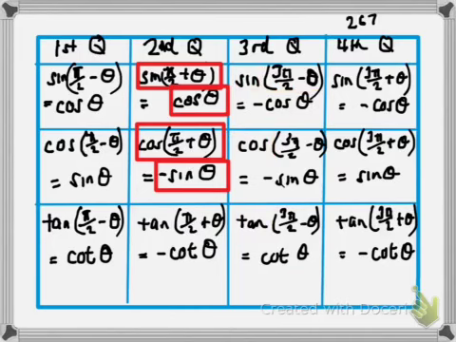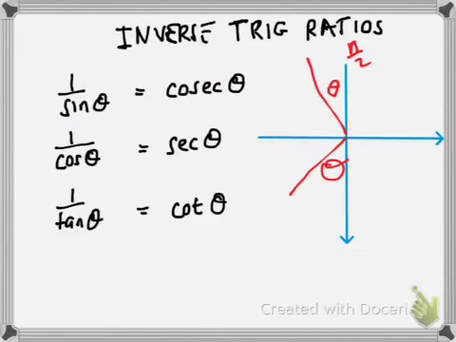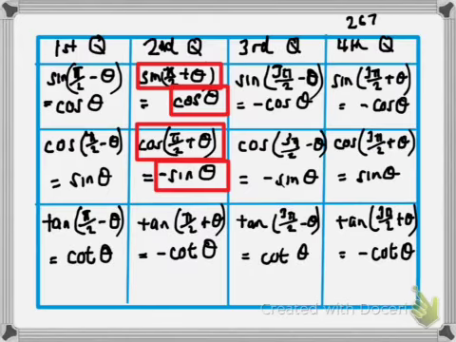Fourth quadrant, so this is 270 plus theta. If we go back to this situation here, 270 plus theta is going to put us in the fourth quadrant. In the fourth quadrant, sine is negative, cosine is positive, and tan is negative.